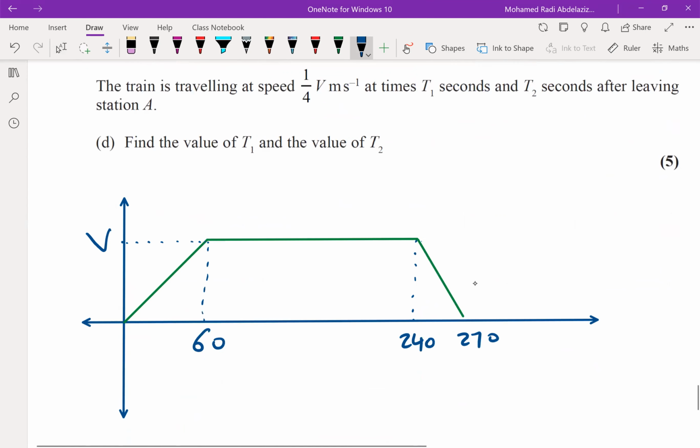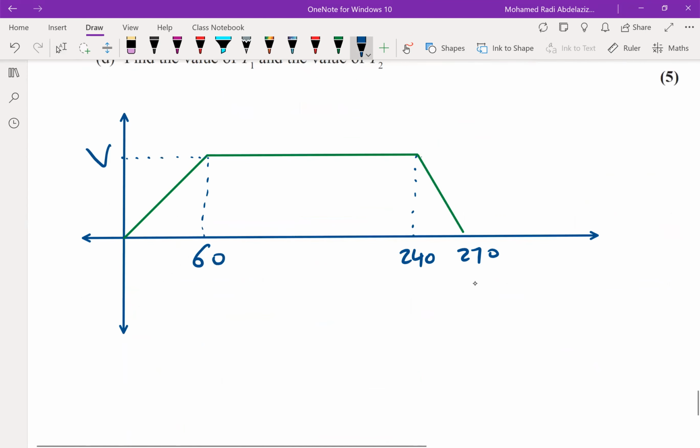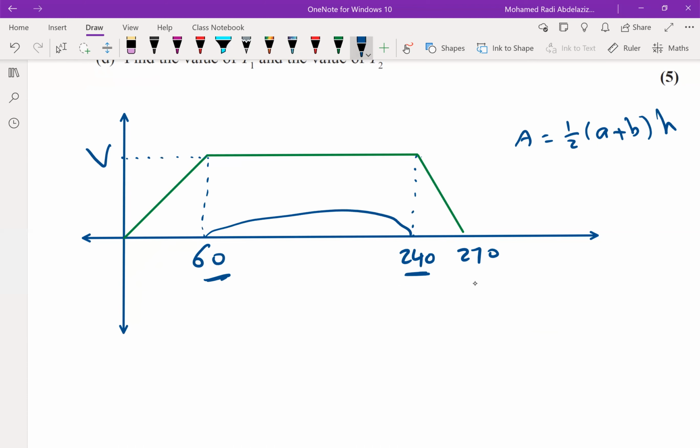By solving this equation, you can find the value of V. The area of a trapezium is half (A plus B) times the height, where A and B are parallel sides. If we subtract 240 minus 60 we get the length of time where the train is moving with constant velocity, which is 180.